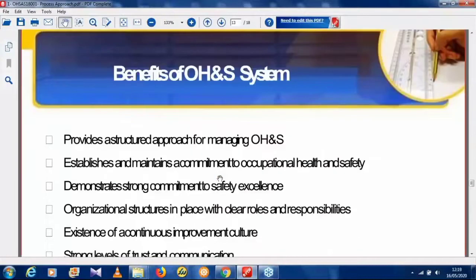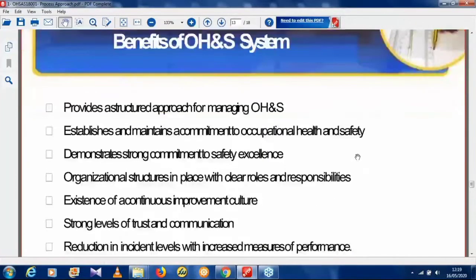Then we go from there. I hope we are getting along. We go from there to talk about the benefit of OHSAS 18001. The benefit of an occupational health and safety system with respect to OHSAS 18001.